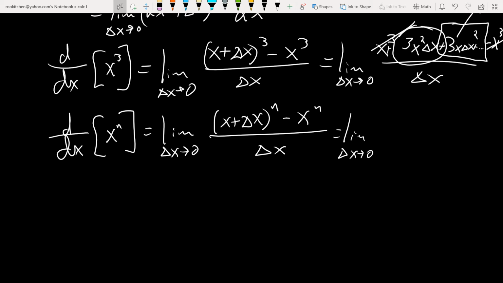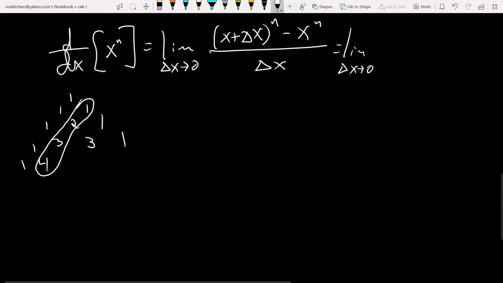And maybe that's a little bit annoying, but if you think about it, what it's going to come down to are the sides of Pascal's triangle. In particular, it's these numbers right here that give you the coefficient on the second term. So how do I get to the next number? 1, 2, 3, 4, I think the pattern says this will be 5.